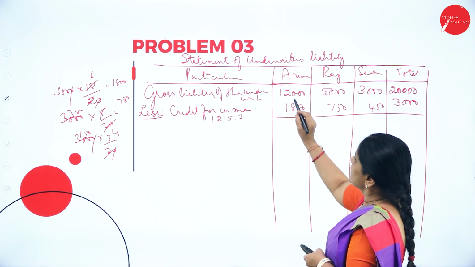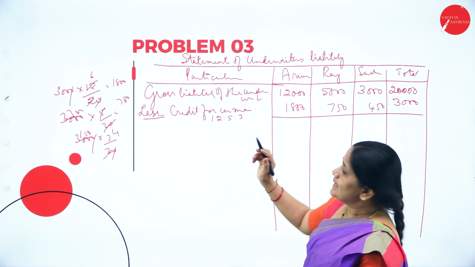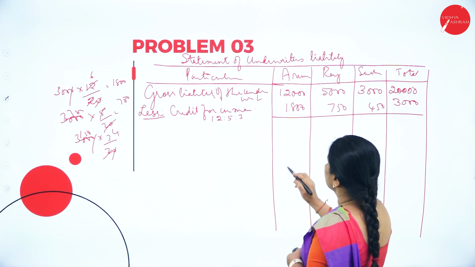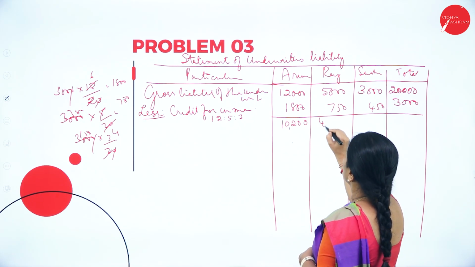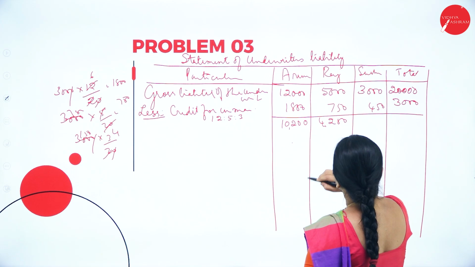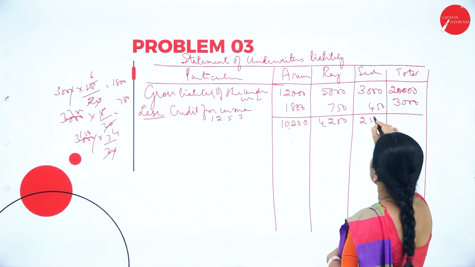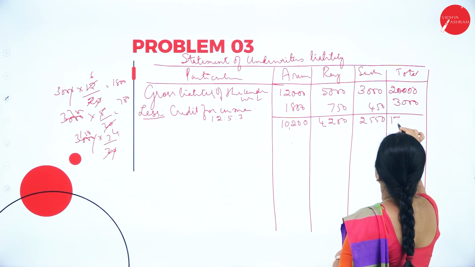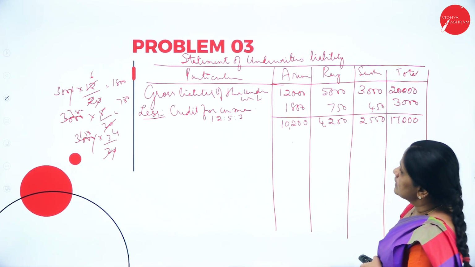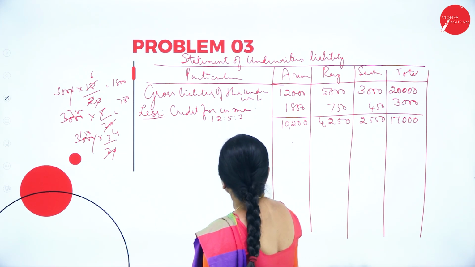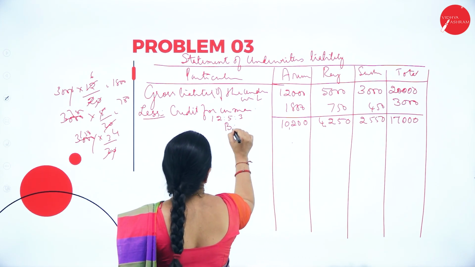So when I deduct 12,000 minus 1,800, I get 10,200, then 4,250, then 2,550, and 17,000. This is the balance.